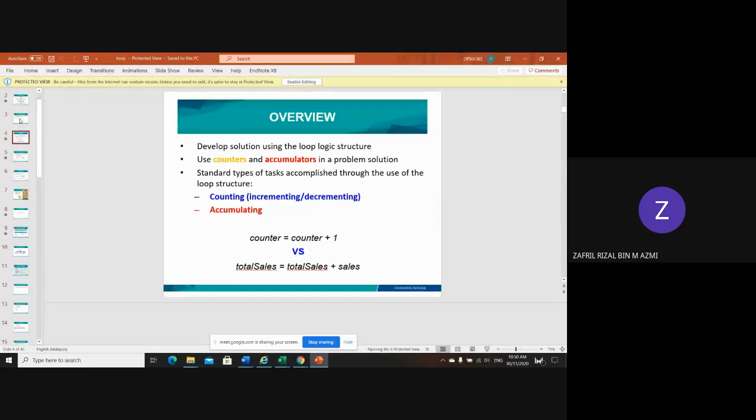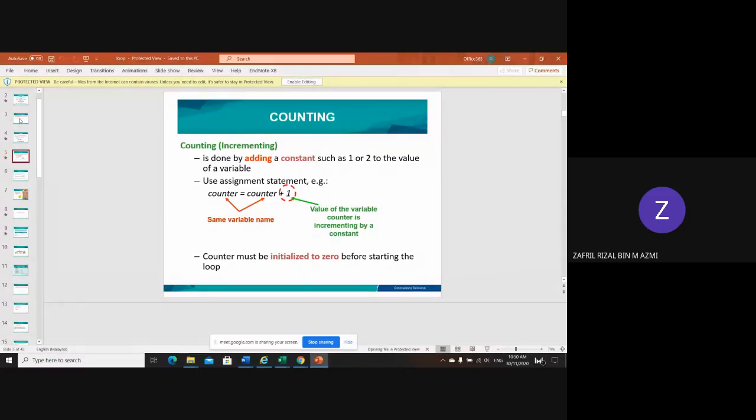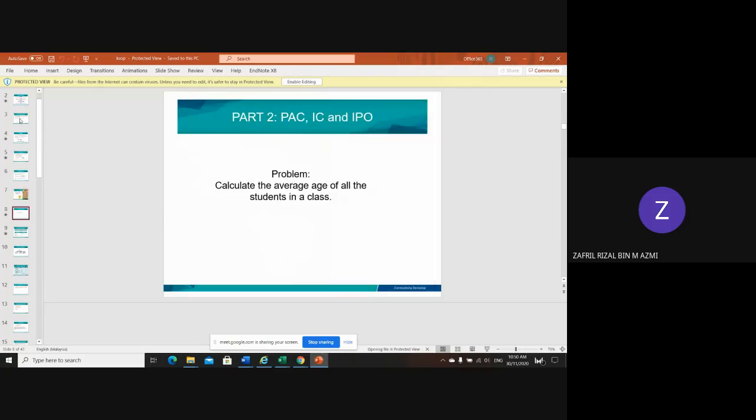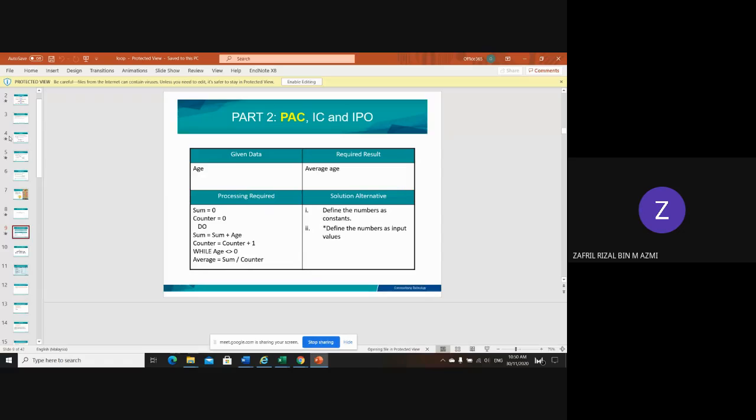This is just to strengthen your understanding, and there is also a specific PAC, IC, IPO, and also desk check for looping. For example, for PAC, you need to put the element of looping inside the processing required, same like the decision.